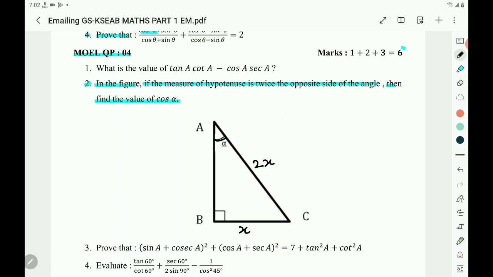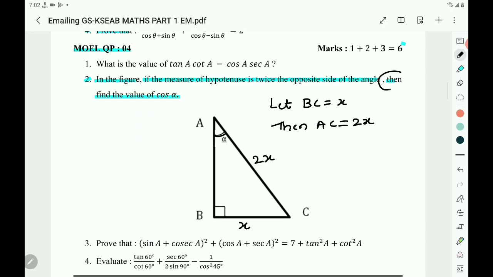So you write BC is the opposite side. Let BC equals x. Then AC is the hypotenuse, which is equals to twice of the side opposite to the angle, twice of BC, right? 2x. Then what we have to find out? We have to find out cos alpha.